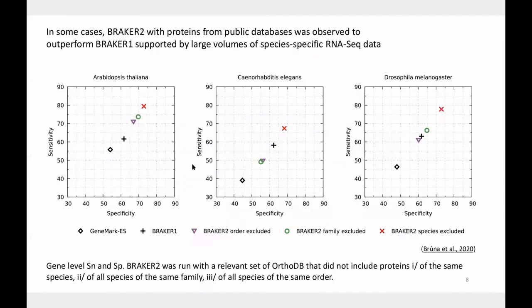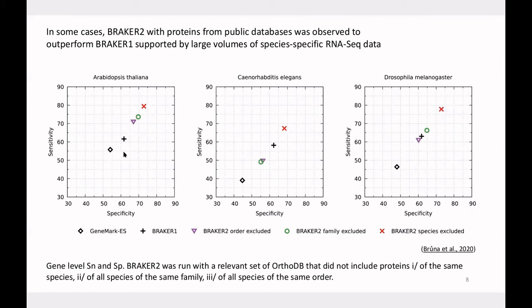And now in the final slide in this short presentation, I want to compare BRAKER1, which is using RNA-seq data, with BRAKER2, which is using protein data. And the comparison is really dependent on how close the proteins in your input are. So in some genomes, even with remote proteins, you can get better results with BRAKER2 using only proteins than with BRAKER1, which is using native RNA-seq.